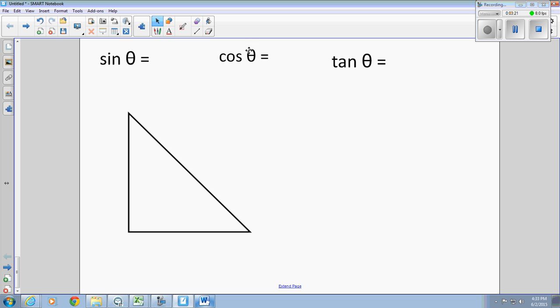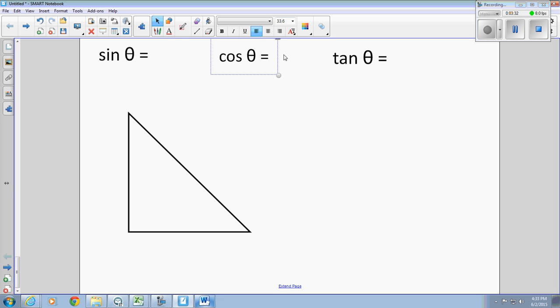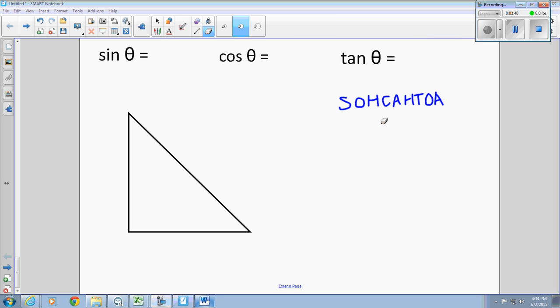The reason is a common thing you'll hear people say is SOHCAHTOA. When we're dealing with trigonometric functions and right triangles, we'll use the term SOHCAHTOA. And written out, that looks like this.